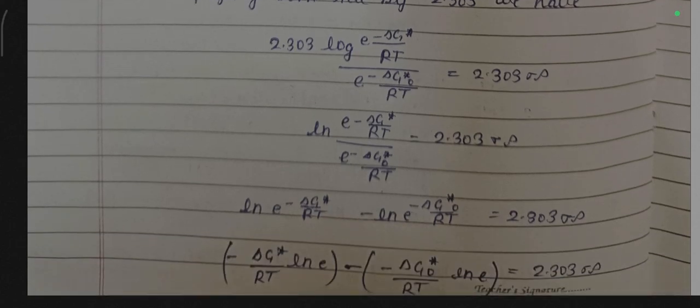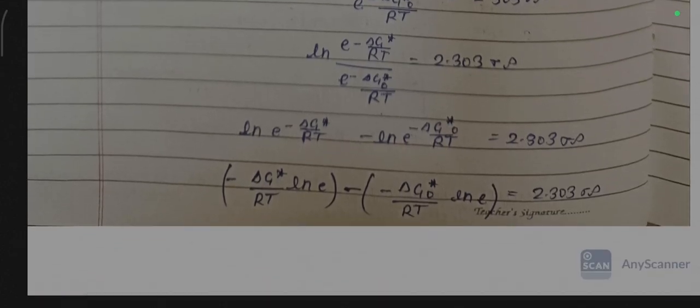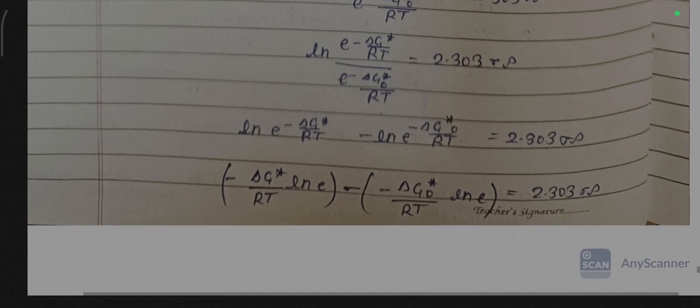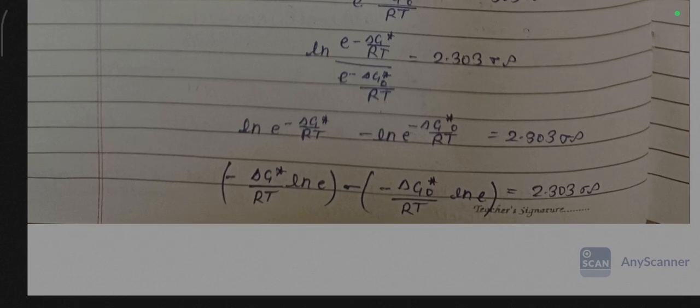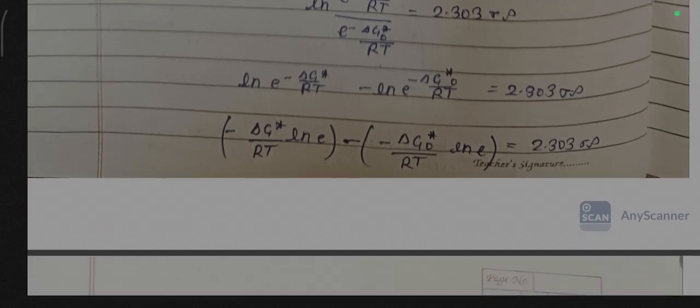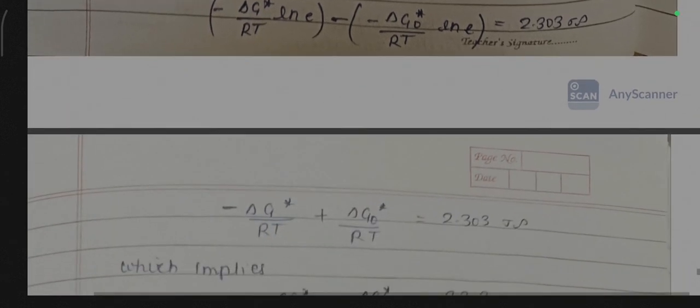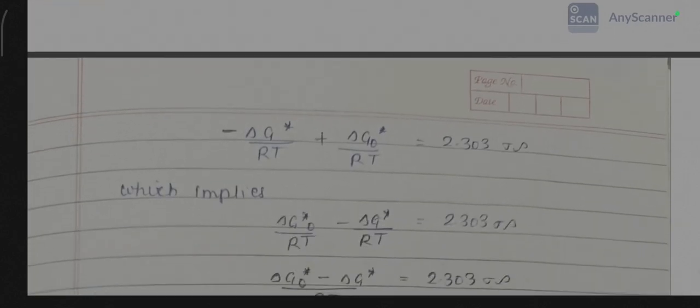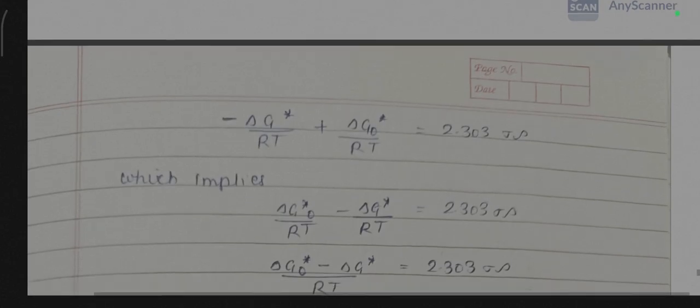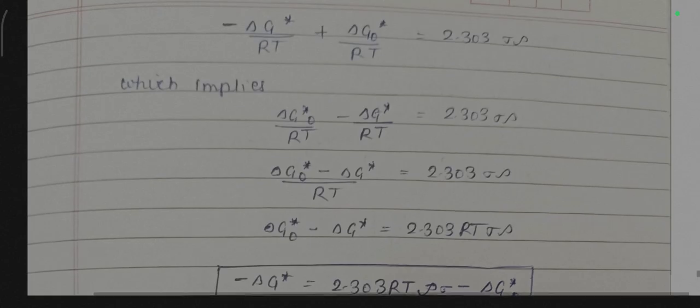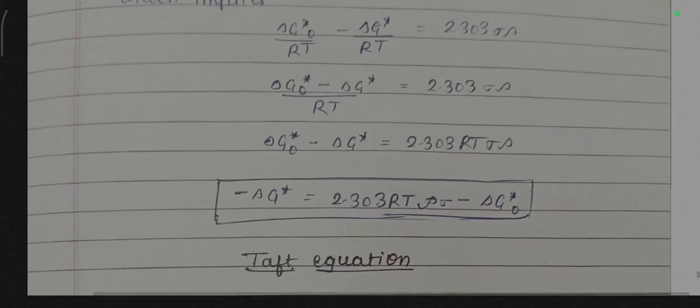This becomes minus del G star upon RT plus del G naught star upon RT is equal to 2.303 sigma rho, which implies del G naught star upon RT minus del G star upon RT is equal to 2.303 sigma rho.